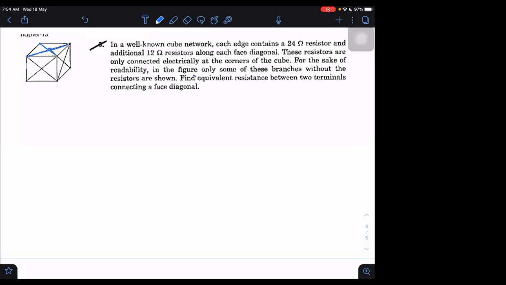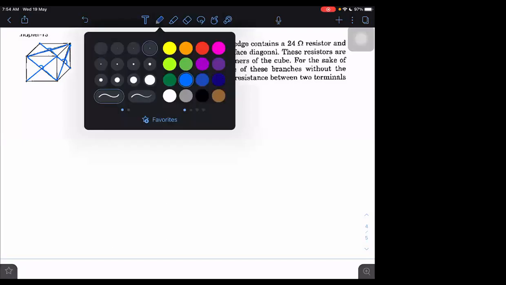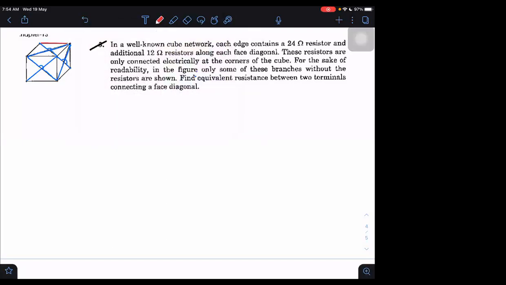These are 12 ohm, and they are not connected with each other at the midpoint, I think. Only corners. So therefore I am doing it like this, and the other ones are different.